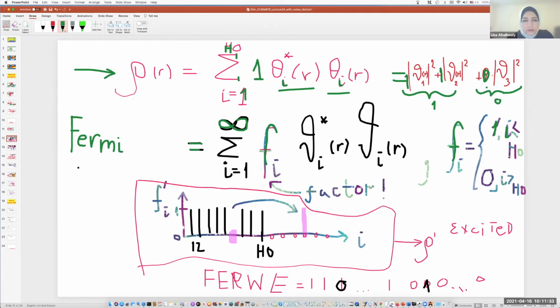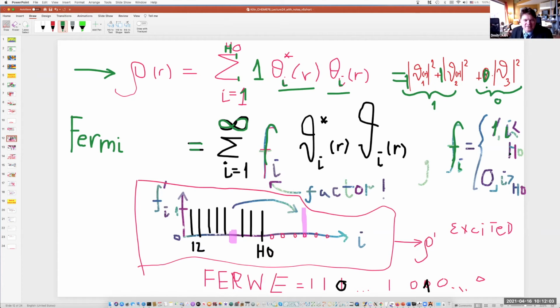And Thomas-Fermi theory in our class. So this setting, when F equals 1 at or below HOMO and 0 otherwise, corresponds to the Fermi-Dirac distribution for zero temperature, and it corresponds to the ground state: 1 electron in occupied orbitals, 0 in unoccupied.